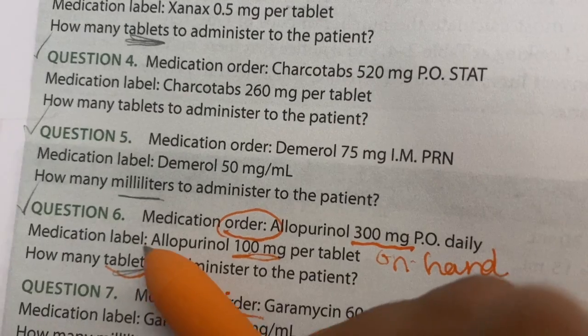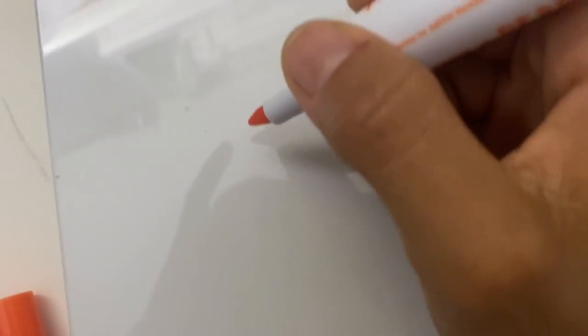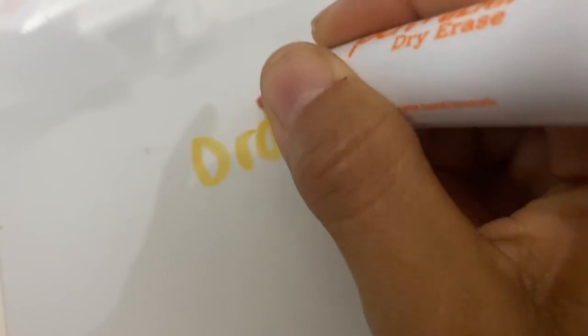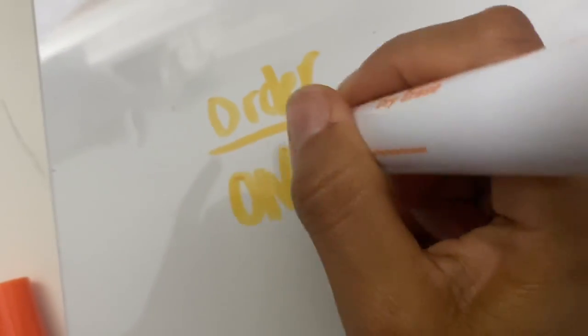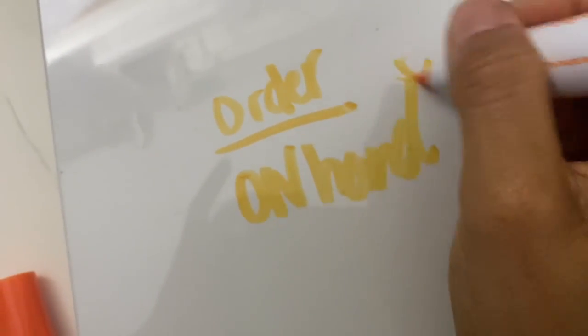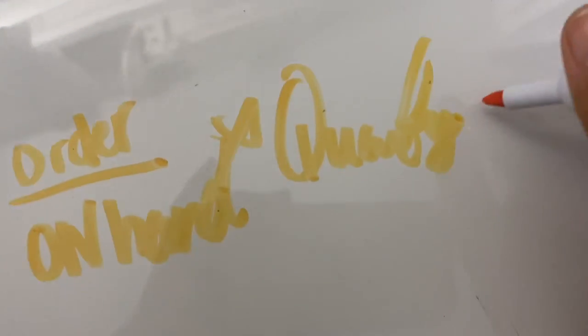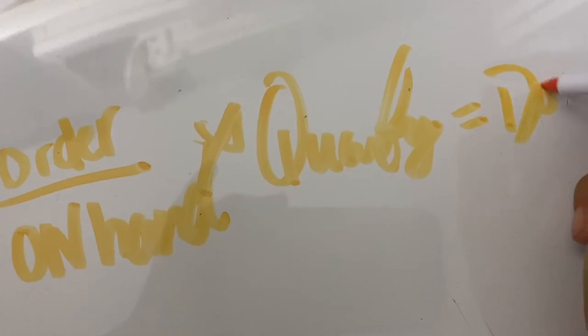And it says how many tablets to administer to the patient. So once again, I am going to write my formula out. Order over on hand times your quantity, which will equal your dose.